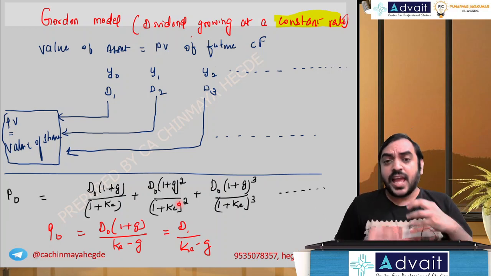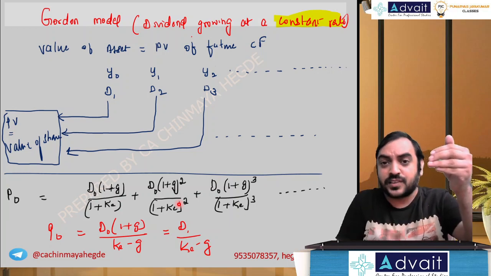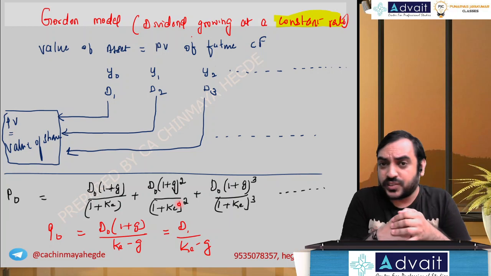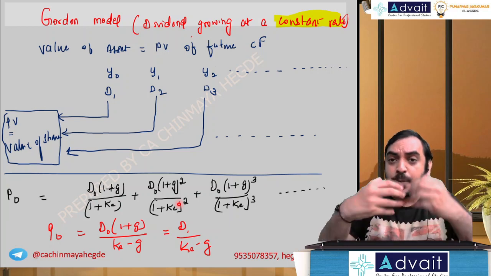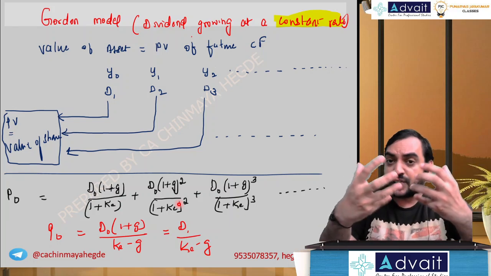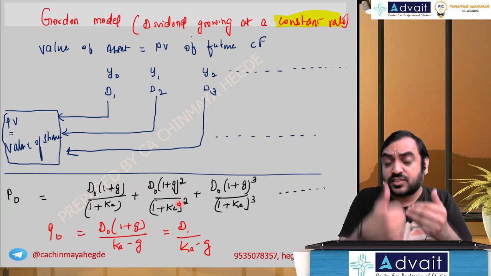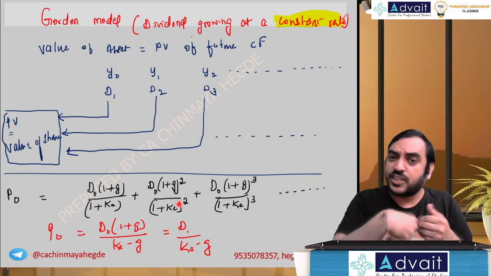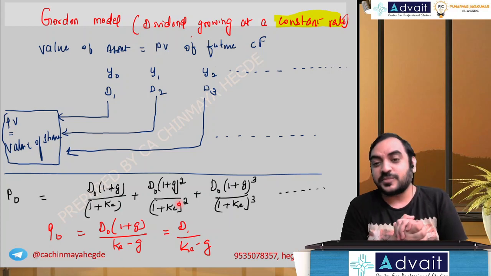In the sense, I am compounding by 8%. I am discounting by 10%. So net discount, can I say 2%? Are you understanding? I'm going up, I'm compounding at 8%, multiplying, and I'm coming back, dividing, discounting by 10%. Effectively discount 2%. That's what K minus g is, 10% minus 8%.